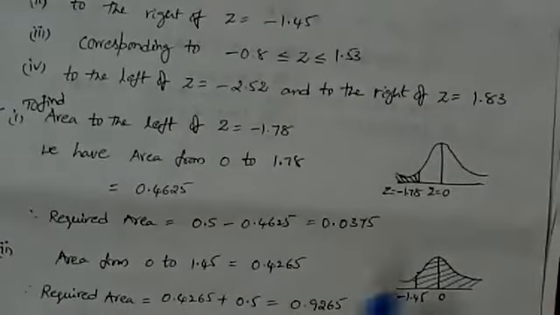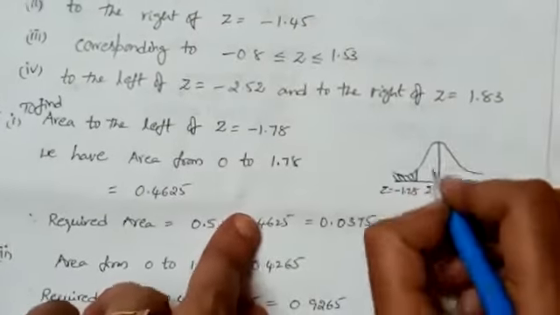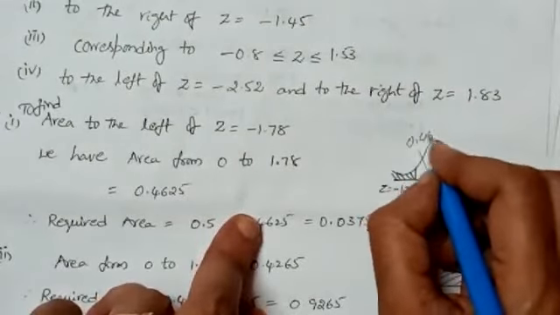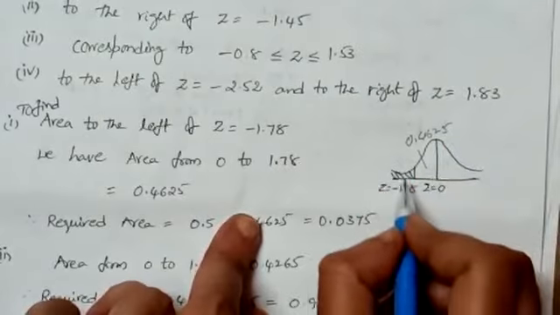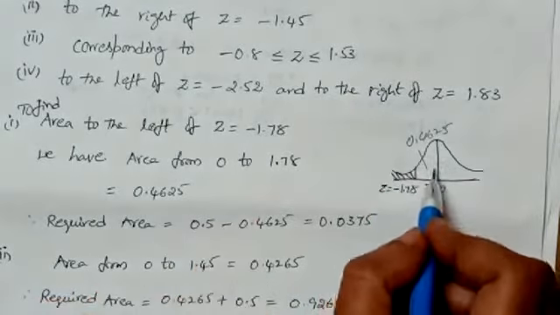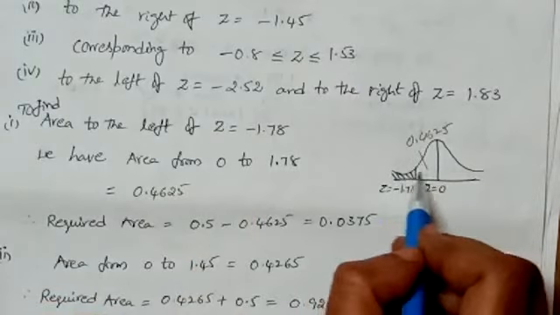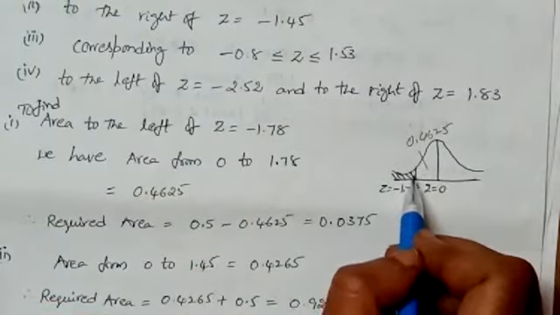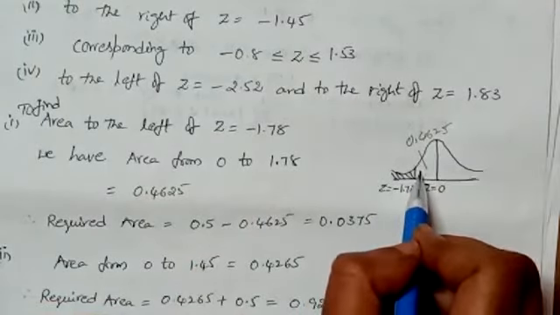So substitute in that. This one is 0.4625, but I need this shaded part. Actually you know this complete half of that curve has 0.5 area.